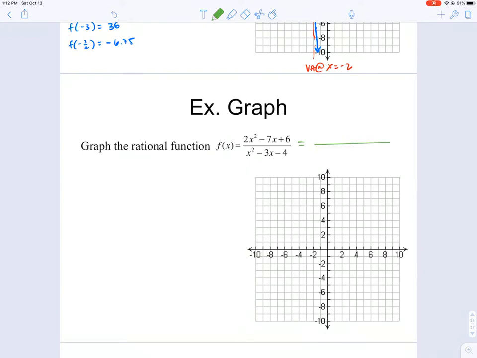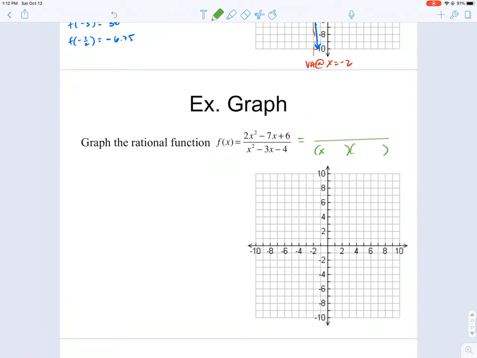Alright, so let's first factor our numerator and denominator. What is this? Minus 2 minus 3 like that.